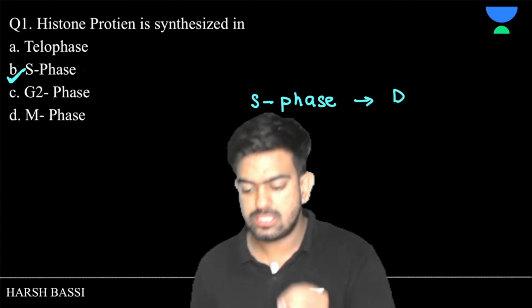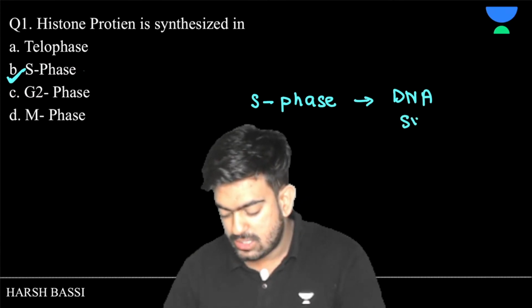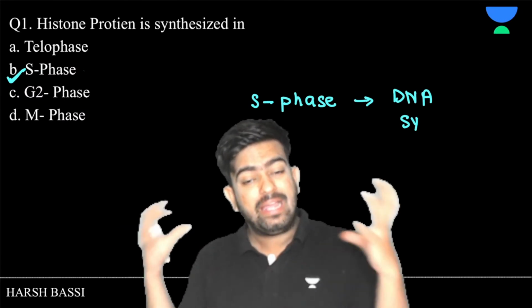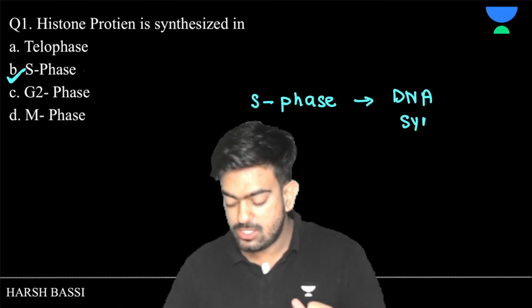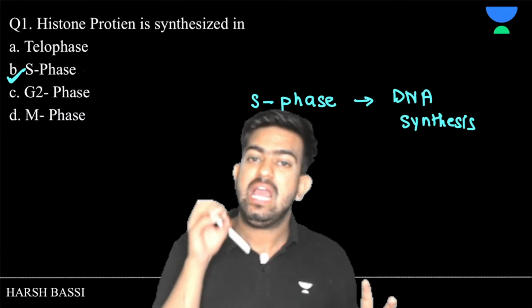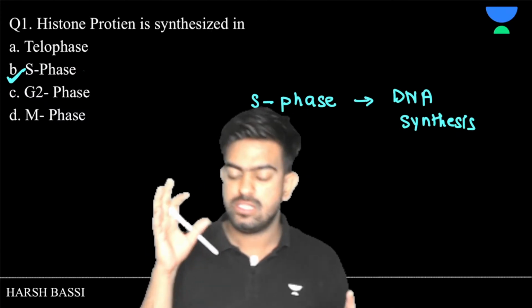And this histone protein helps in the packaging of DNA. So if synthesis of DNA is happening, that means DNA has to be packed also. That's why in S phase only, histone protein also gets synthesized.